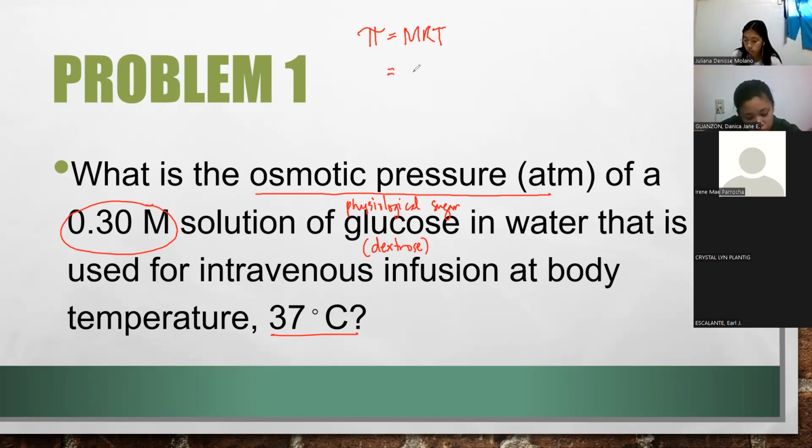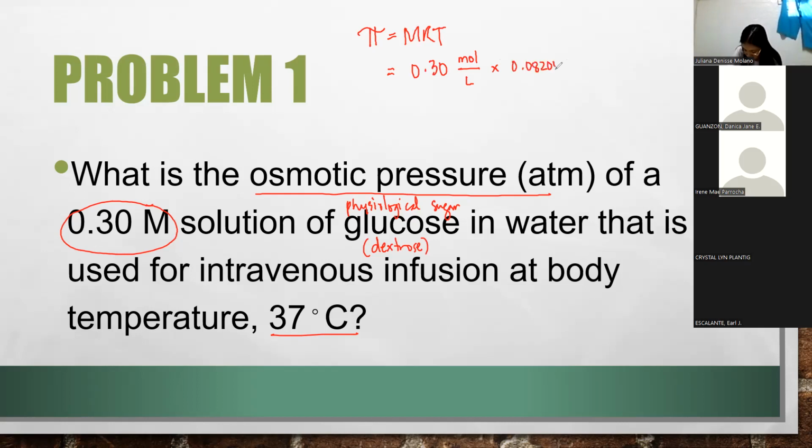So if we are going to substitute all the given, you have the molarity 0.30. Let me just use mole per liter. Remember, capital letter M is equivalent to mole per liter. I need to use this one so that I can properly cancel the units. Now, R is 0.08205 liter ATM over mole. Okay, that's the R or the gas constant. And then the temperature.